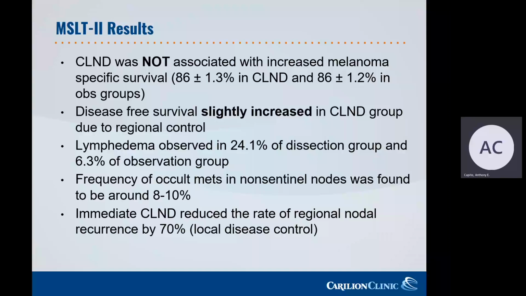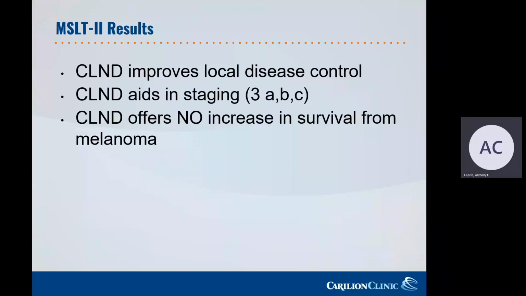So this would have been 8 to 10% of those with a sentinel lymph node biopsy that had additional metastases. So it does show that the sentinel lymph node biopsy is pretty adequate for staging purposes. And it also reduced the rate of regional node recurrence by 70%. So it does contribute to local disease control, reduction of recurrence, but it does not increase survival.